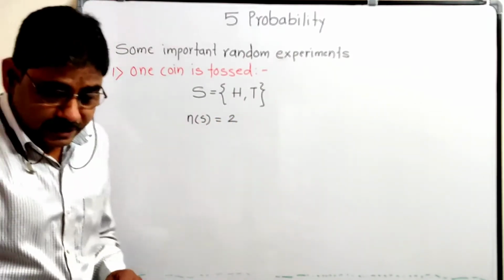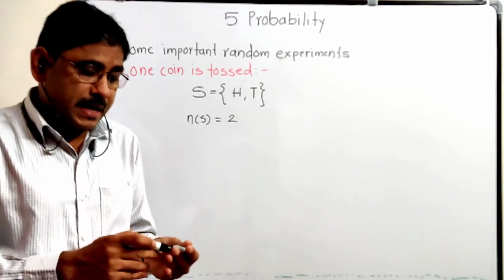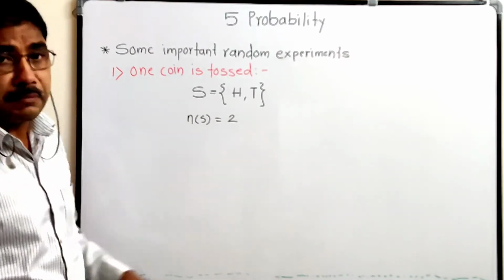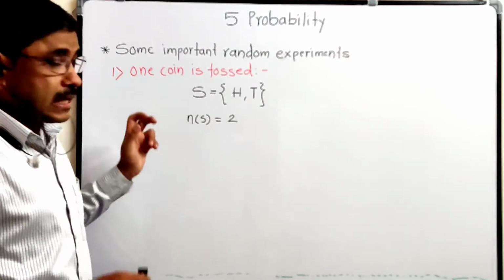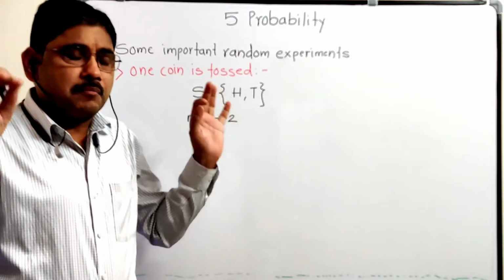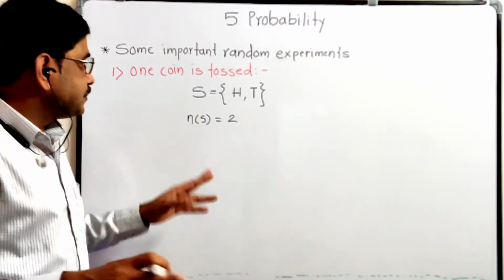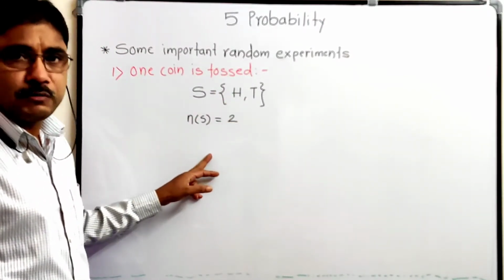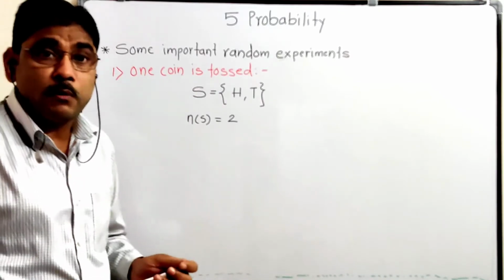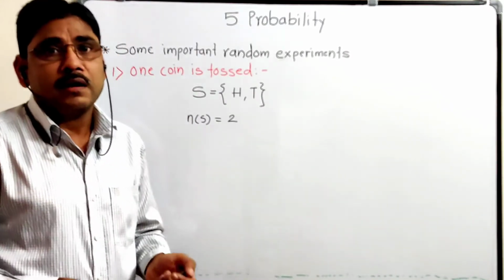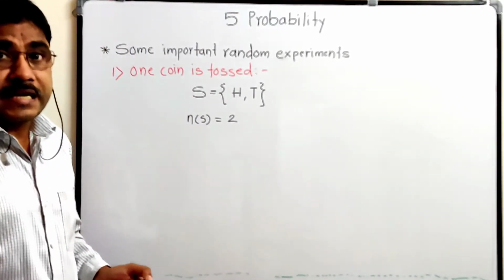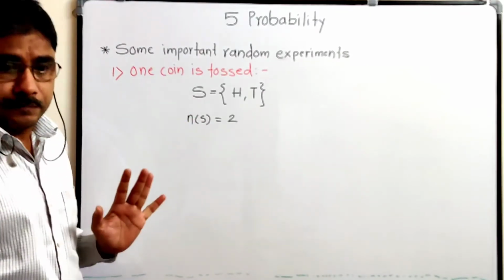Whenever a sum says one coin is tossed, blindly write this S and this NS, because for every example in the next practice sets this is required.